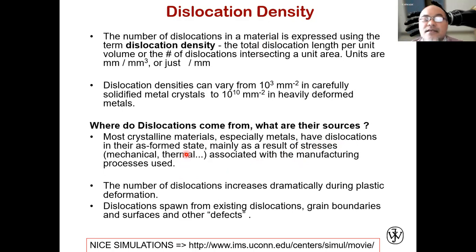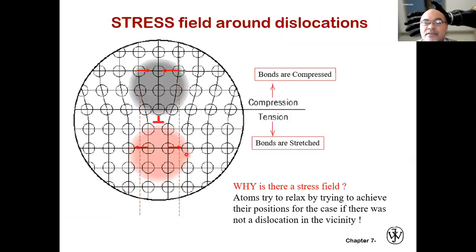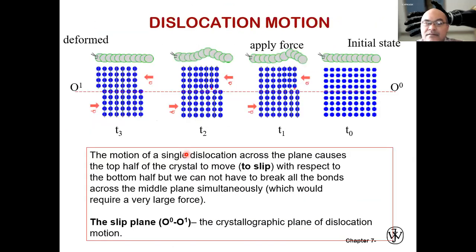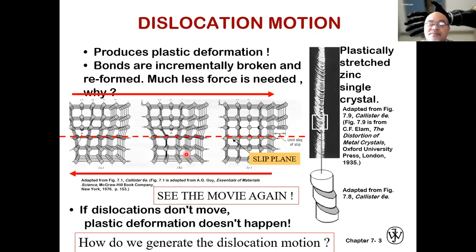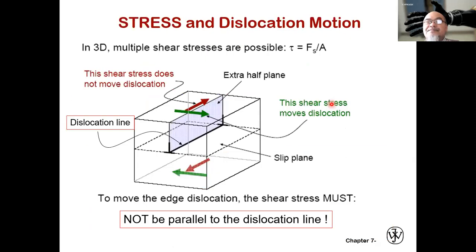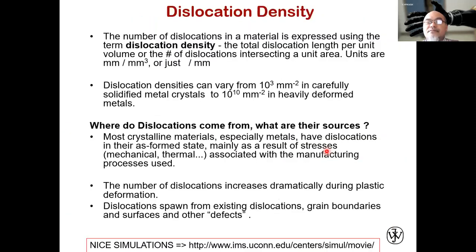The number of dislocations increases dramatically during plastic deformation, as we can see in the previous picture. This has a lot of plastic deformation, which comes from a lot of dislocations occurring in that material. Dislocations spawn from existing dislocations, grain boundaries, surfaces, and other defects.